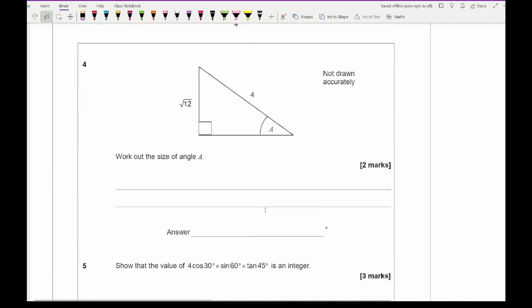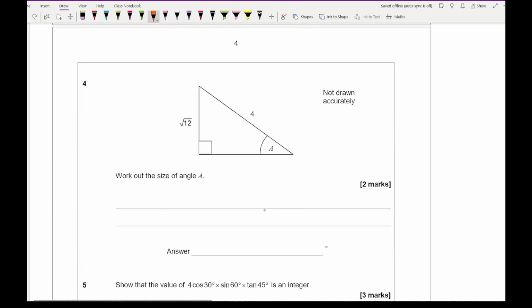Moving on to question 4, it says work out the size of angle A. So looking at this, I've got the opposite and I've got the hypotenuse. So I'm going to be using sine. So sine of A equals root 12 over 4. Now root 12 can be simplified. Root 12 is equal to root 4 times root 3, and root 4 is 2, so that becomes 2 root 3.